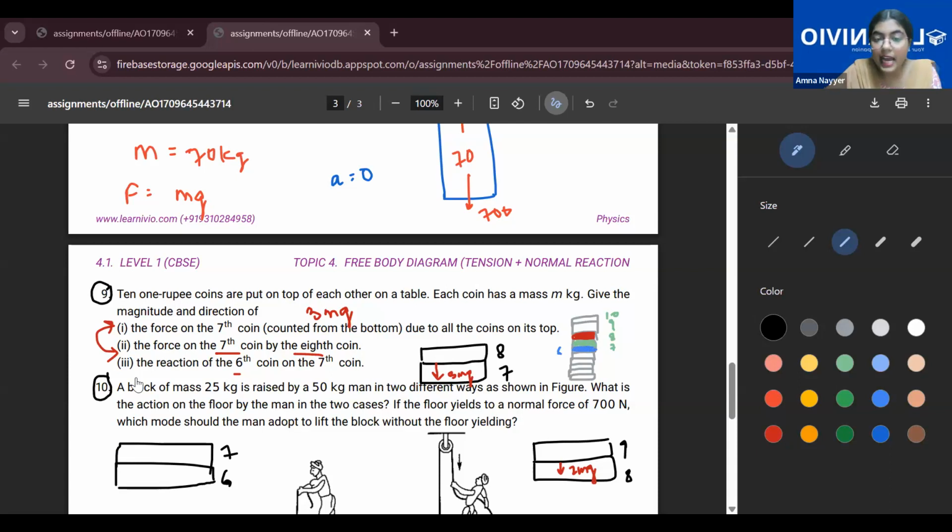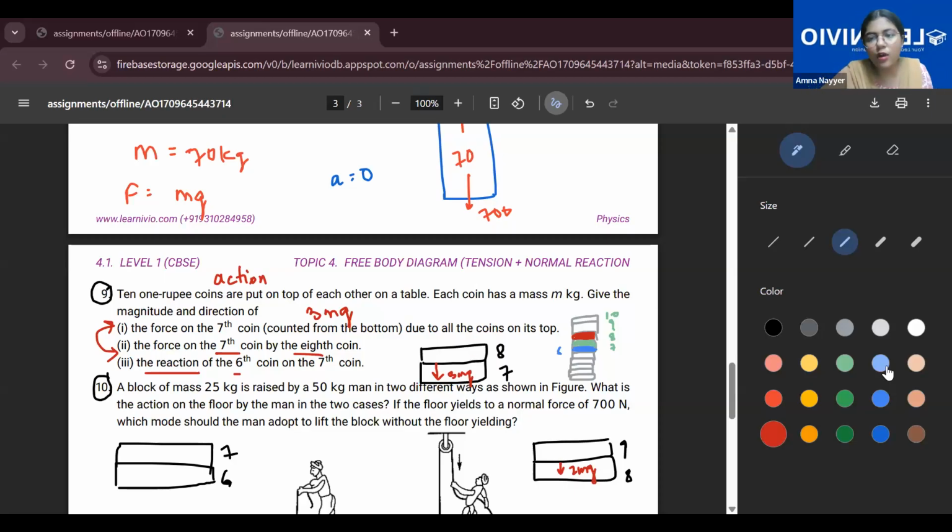Now see, it says reaction. Reaction means a reaction to an action. Action is exerted, then a reaction force is given. For any reaction, we first have to identify the action. So what's the action here? Action will be whatever the 7th is exerting on the 6th. The 6th will give the same reaction.